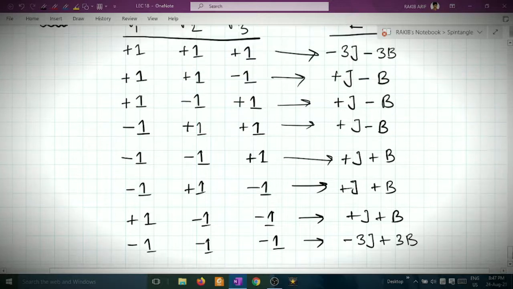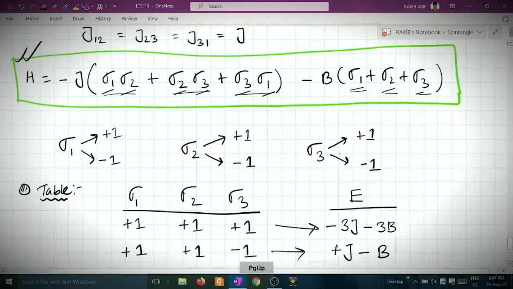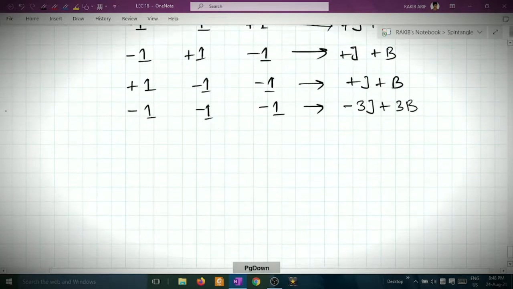Now I have got the respective energies. This was the first table, say table 1, the spin versus energy table. And now I'm going to the next table, say table 2.